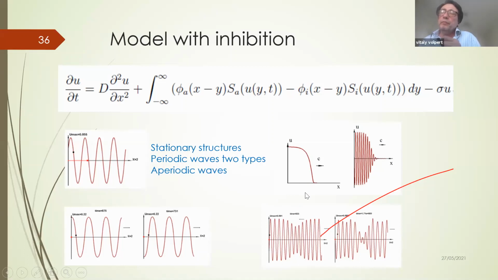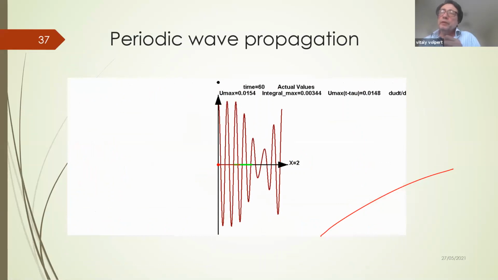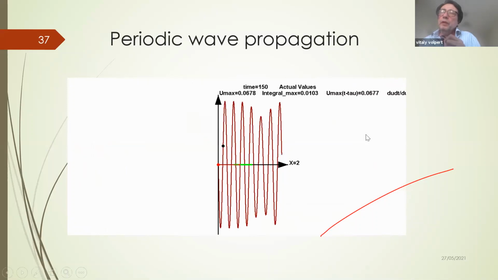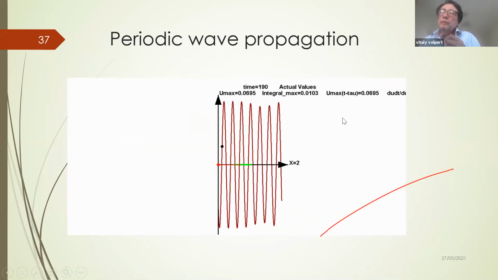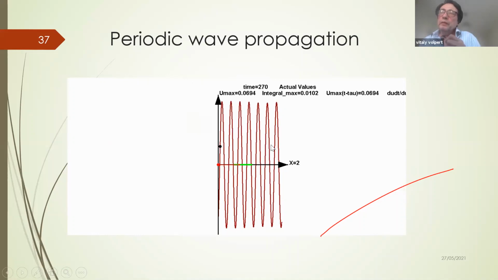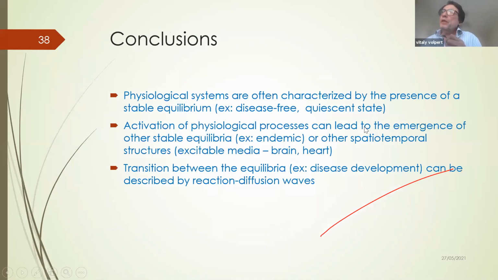So the behavior can become quite complex and quite interesting. And my last example is shown here. It's exactly about these periodic waves in one of these neural field models. You see that it's like a sinus which moves like that here. So I think that I can stop on that.